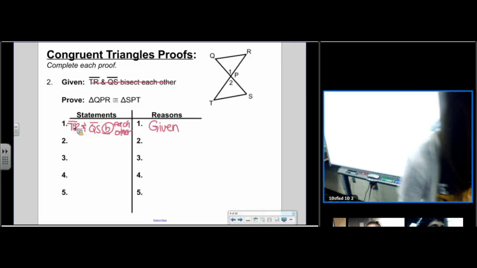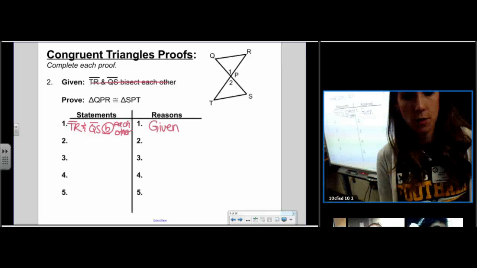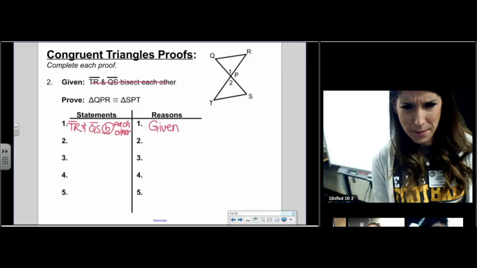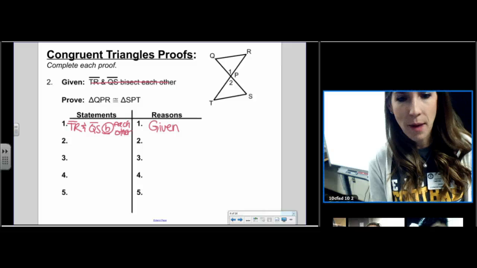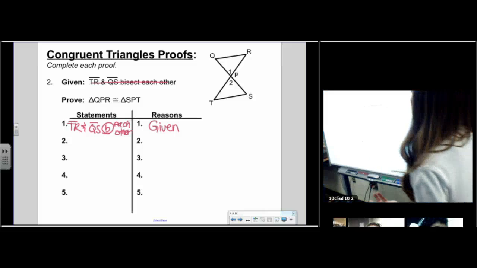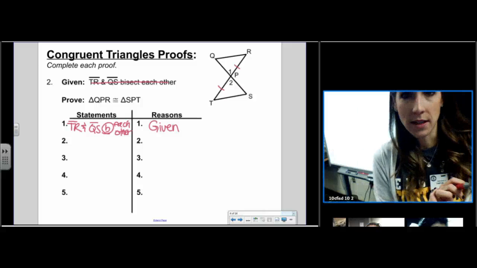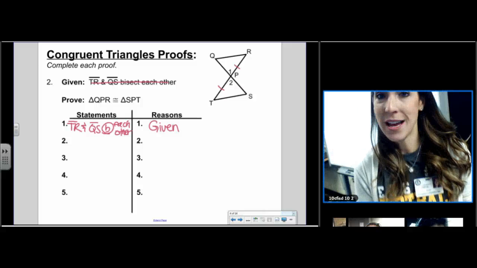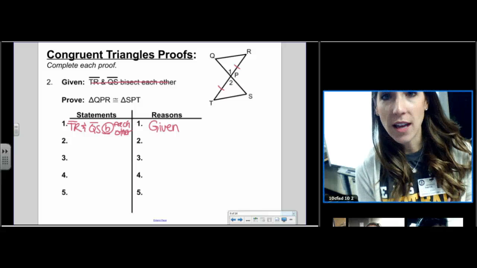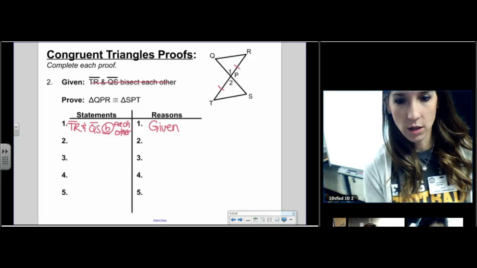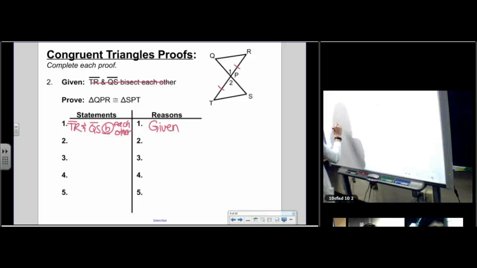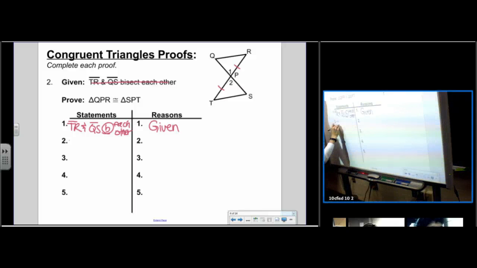Next, you see, what follows from that statement? What does it mean if a segment has been bisected? Well, if a segment's been bisected, then I have two congruent segments. So you add markings to your picture, but when you add a marking, you have to document it. Segment TP is congruent to segment PR.